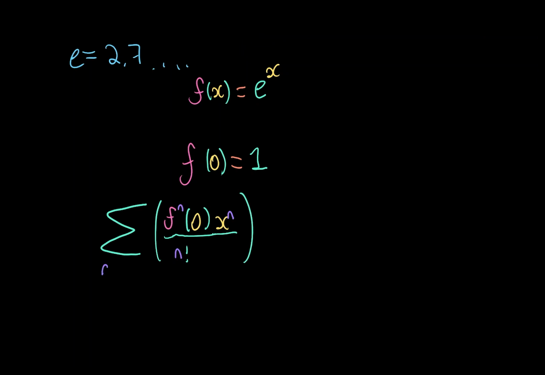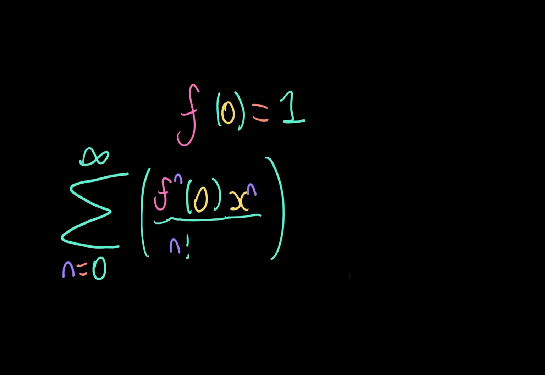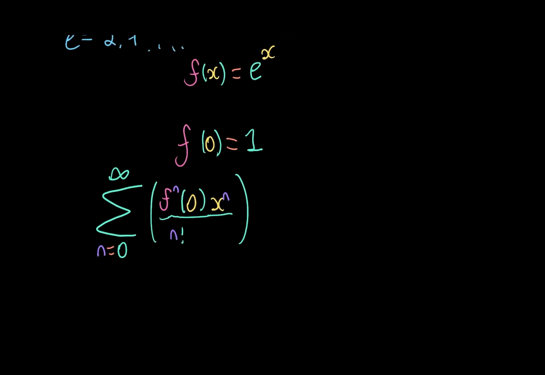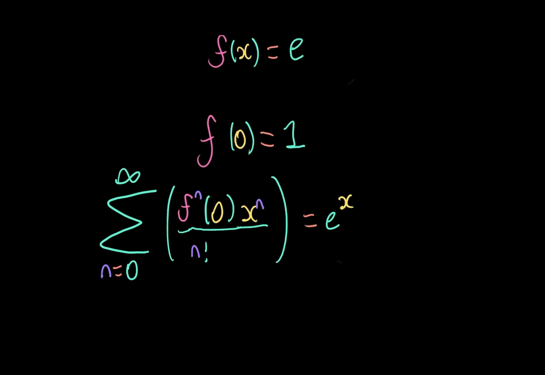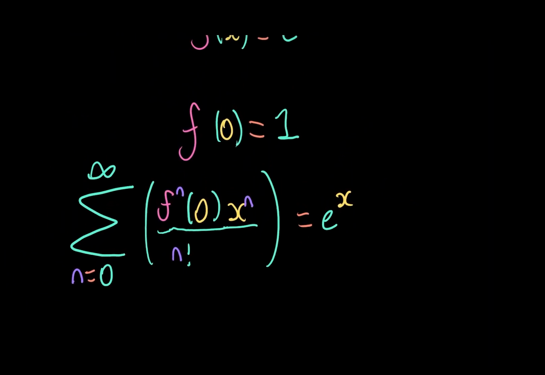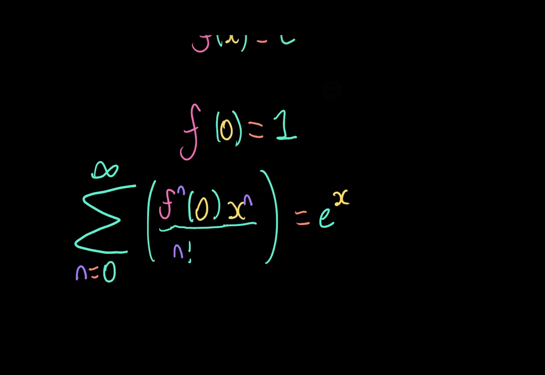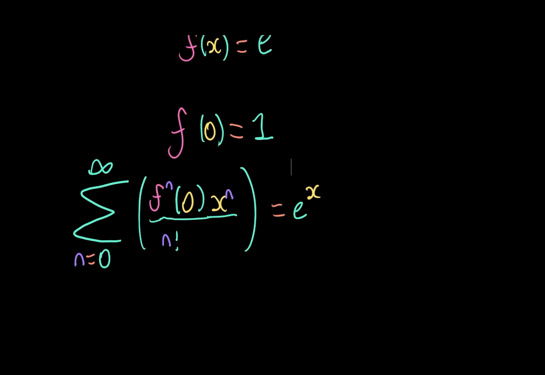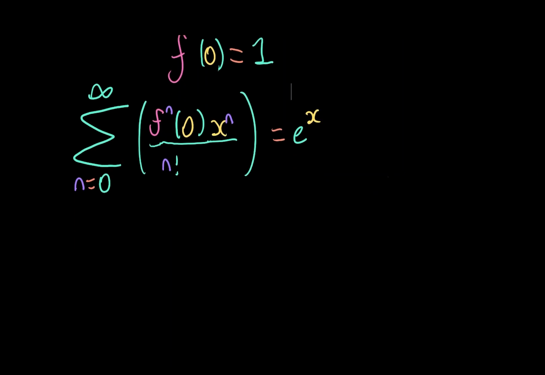Right, and then n is equal to 0, and our upper bound is infinity. Right, this formula. So we want this to be equal to e to the x. First we're going to evaluate what f at 0 is, right? So f of 0, and that's equal to 1. Okay? And then 0 factorial.